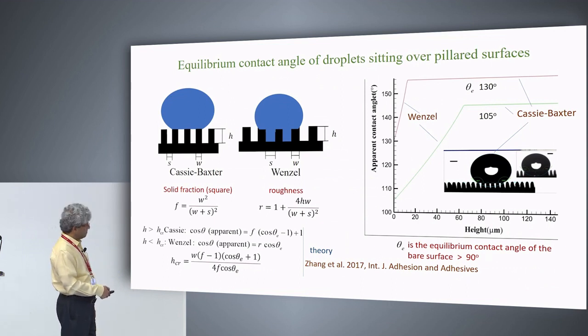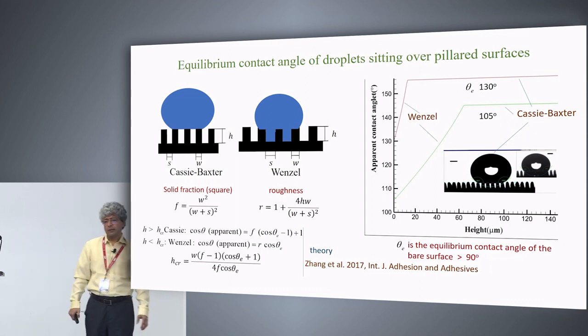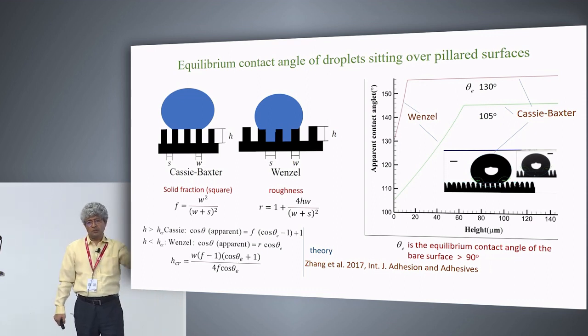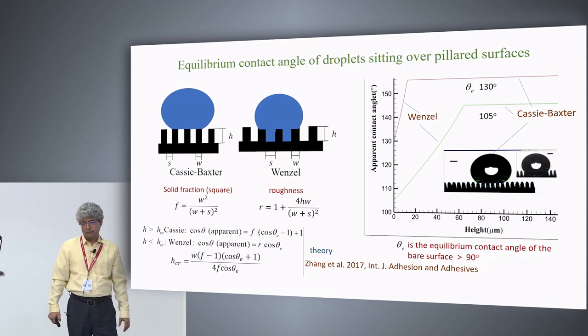So it's now known that drops, depending on how the pillar dimensions are arranged, may sit on the pillars or the liquid may end up filling the interpillar gap. It's called Cassie-Baxter and Wenzel states.